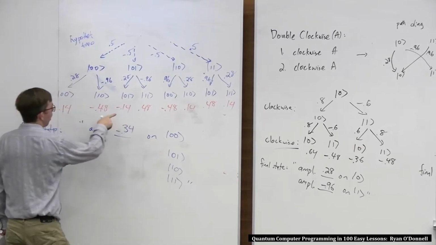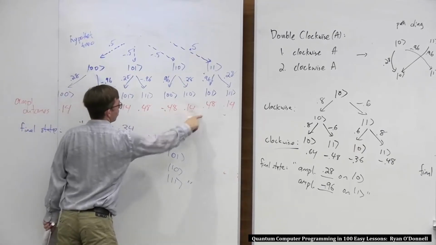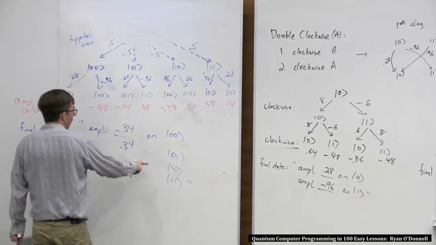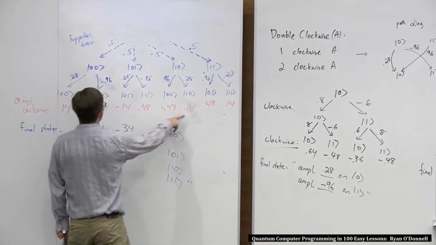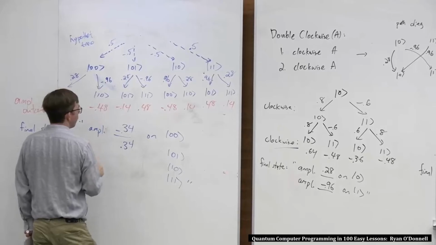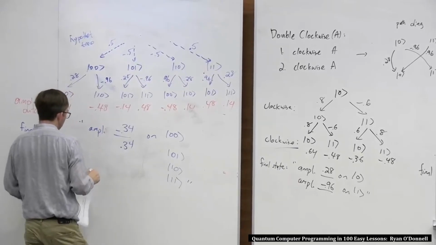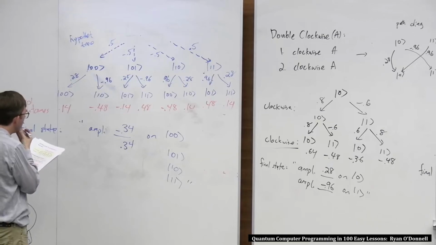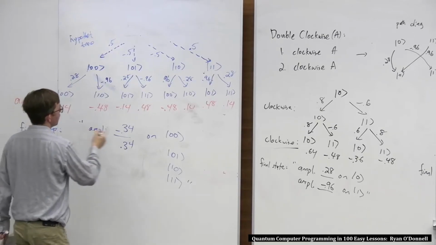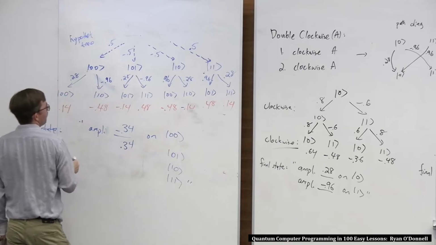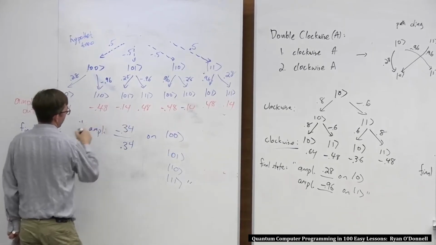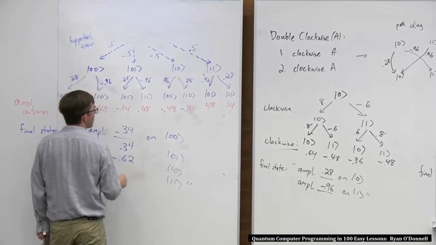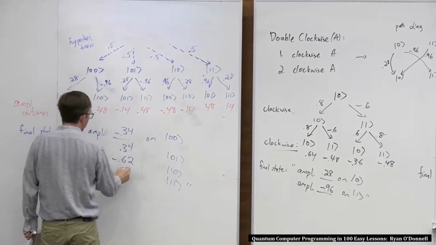For 0 1, that's minus 0.14 and 0.48, so that's positive 0.34. For 1 0, it's 0.14 and minus 0.48. Oh, this is minus. Minus 0.14 and minus 0.48, so it's minus 0.62, and this is 0.14 and 0.48, this is positive 0.62.